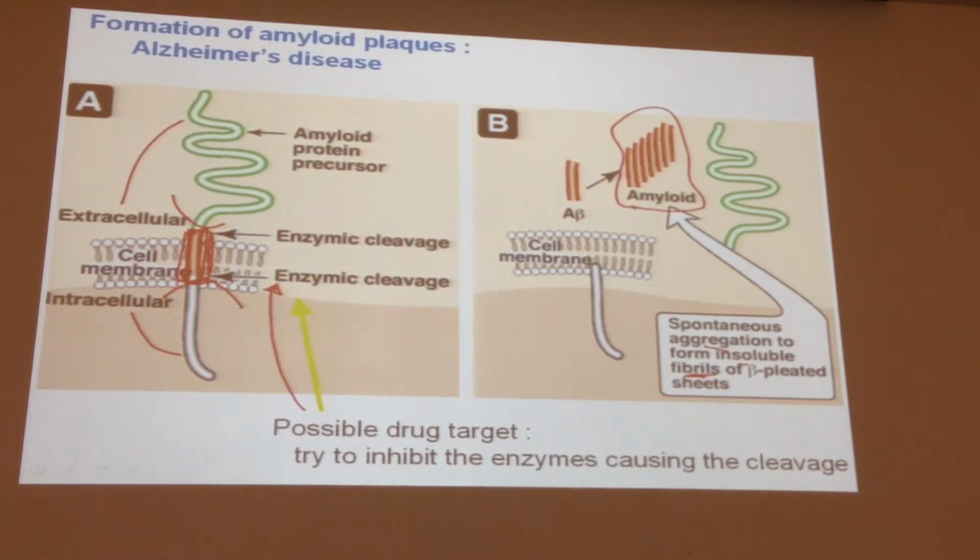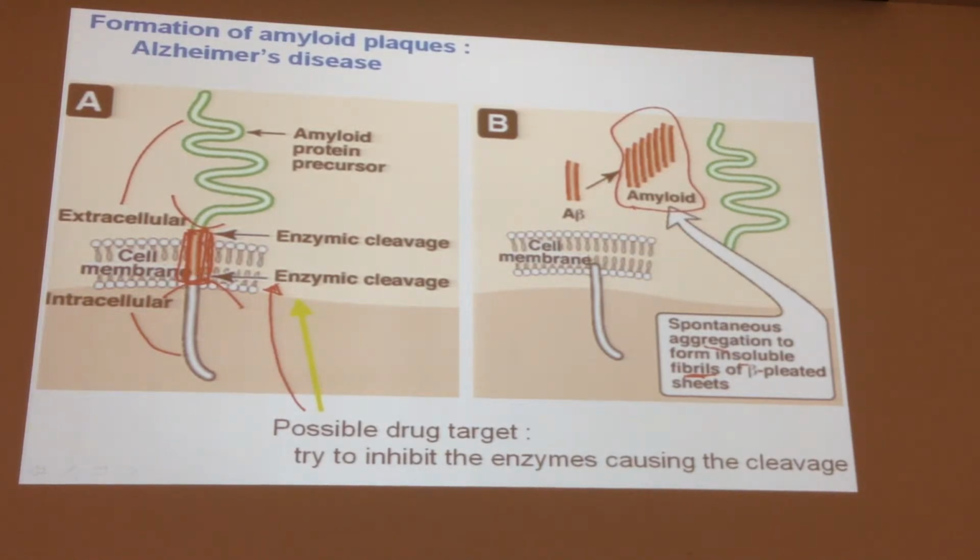There have been some drugs that were tested in clinical trials and made it through stage 2, but then they found that there were bad side effects, and they had to stop the trial. It was clear the drug was going to cause more problems than help. And so people are exploring this idea as a possible treatment.